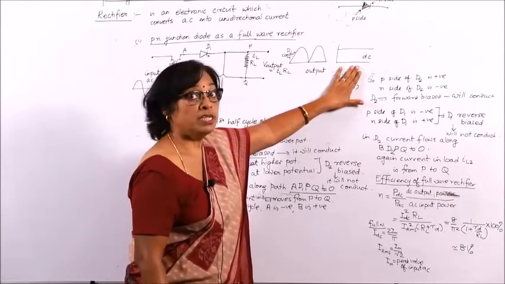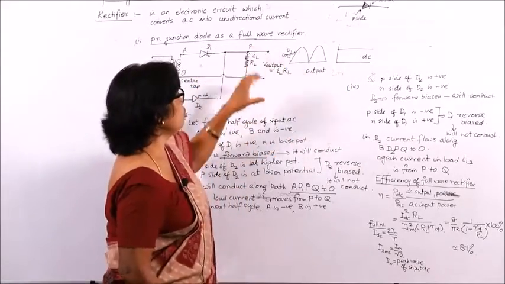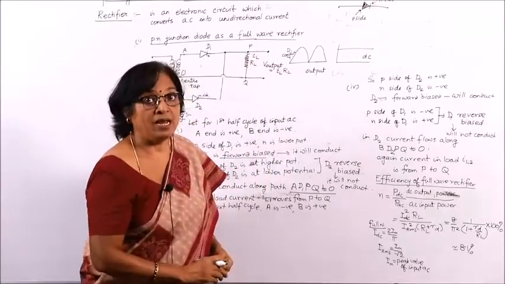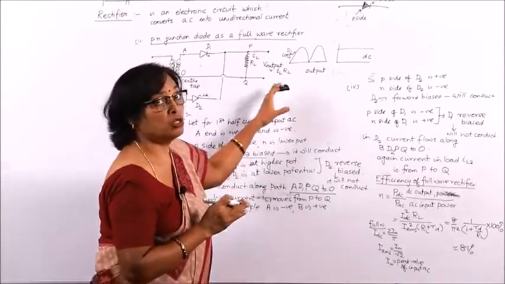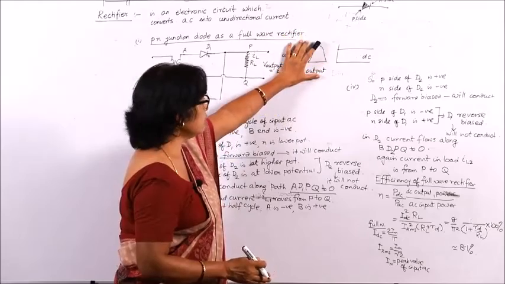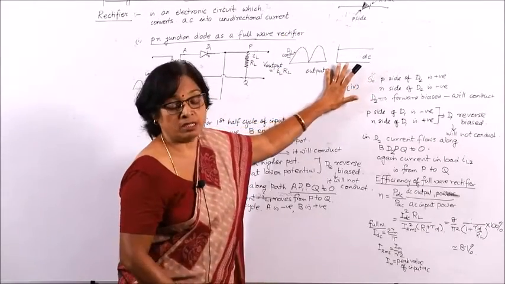To convert it to DC, we require another circuit. With this circuit, you use either an inductor in series or a capacitor in parallel, which will be a filter, and filter is not in your course, so I am not going into that. But you should know that this output can be converted to DC by using a filter circuit.